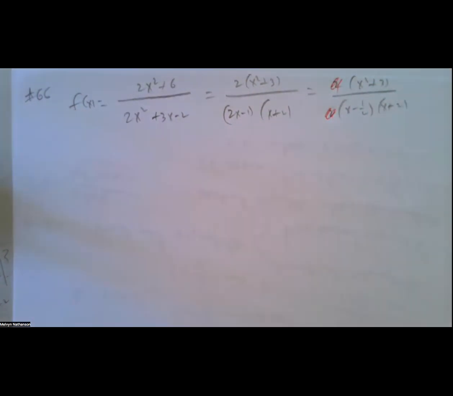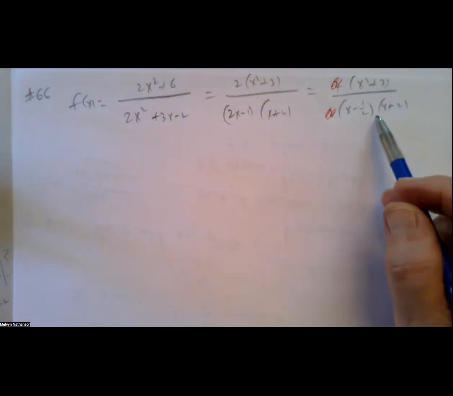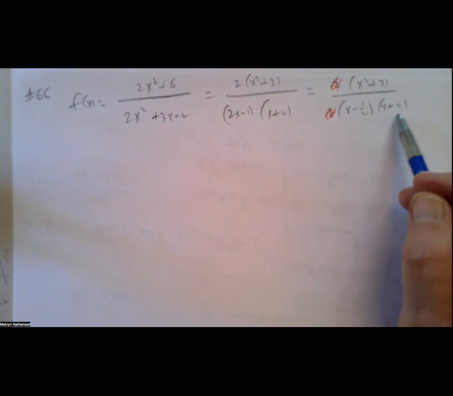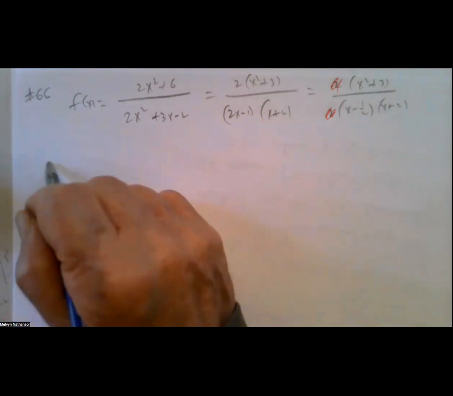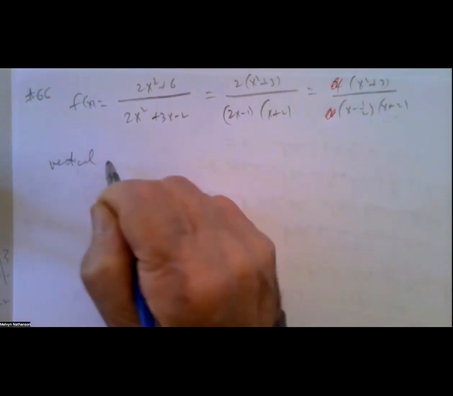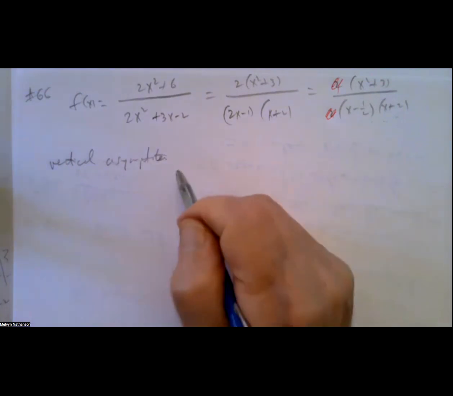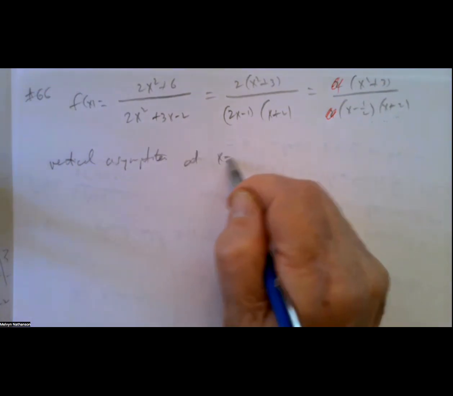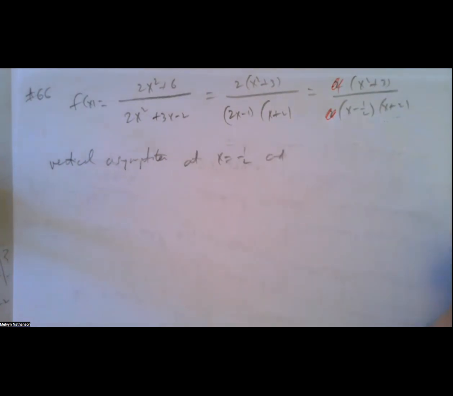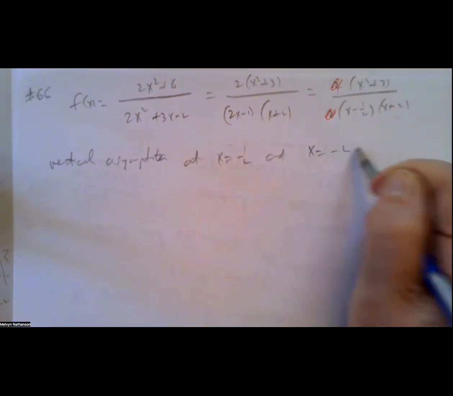And then these 2's cancel. And the denominator is 0 at a half and minus 2. So we have vertical asymptotes at x equal a half and x equal to minus 2.